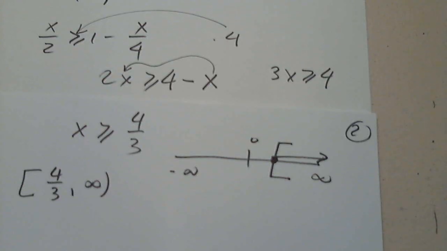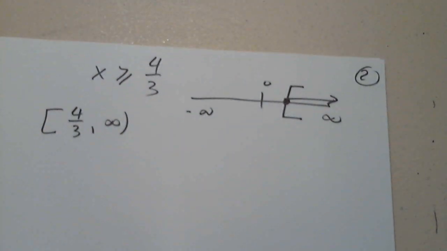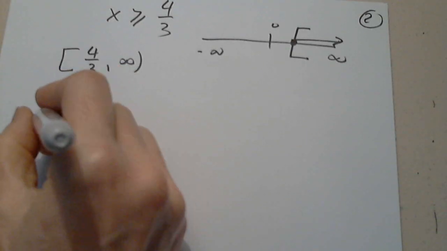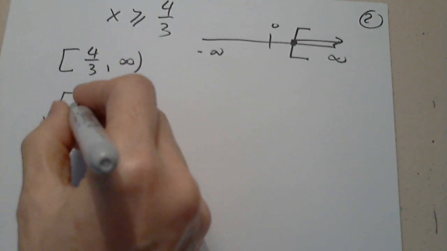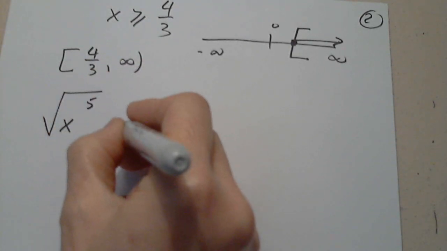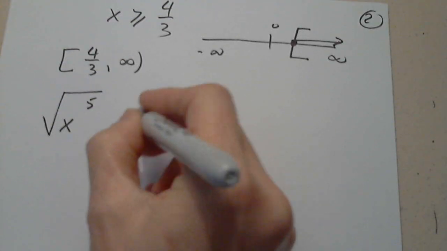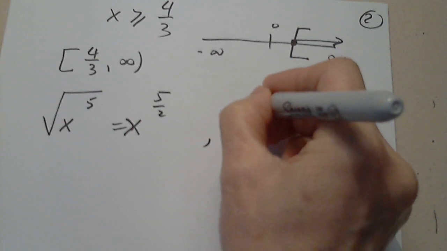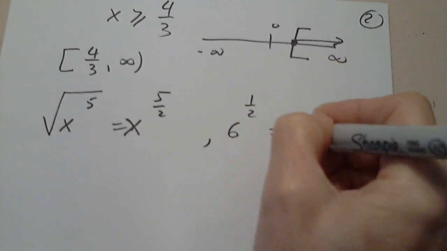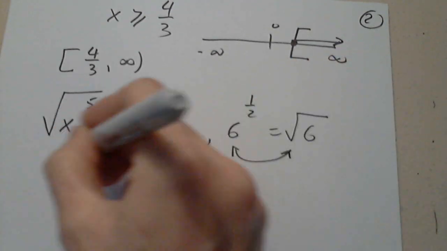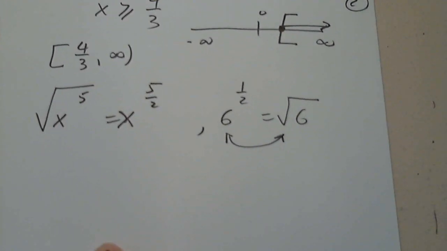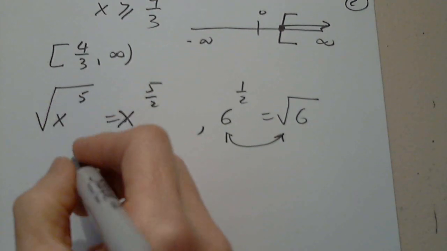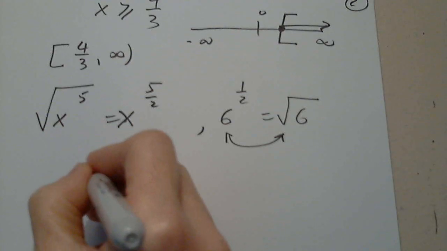Remember, we have to be able to go back and forth from rational exponents to radicals. So if I have the square root of x to the 5th, then this is nothing else but x to 5 over 2. If I'm given 6 to 1/2, this is the square root of 6. We have to be able to toggle between these two very quickly. Let's say 27 to 1/3.